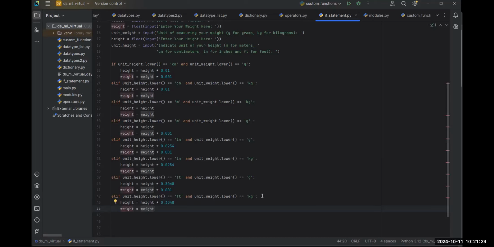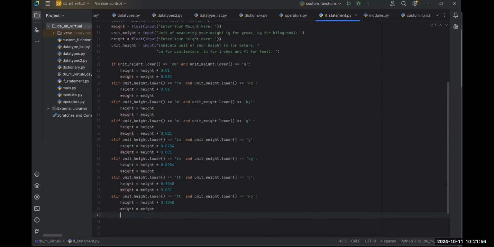Now, what happens when our user does not specify any of these SI units? The person did not specify centimeter and gram, nor centimeter and kilogram, nor meter and kilogram, nor meter and gram, nor inches and gram, nor inches and kilogram, nor feet and gram, nor feet and kilogram. What happens?